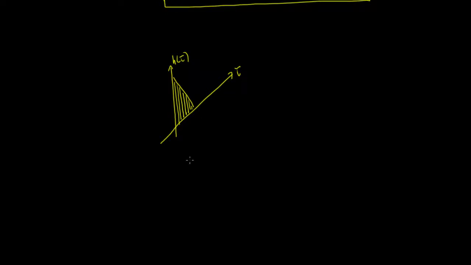So that's h of tau, and let's say our other function here is our function there, and that is our f of tau.